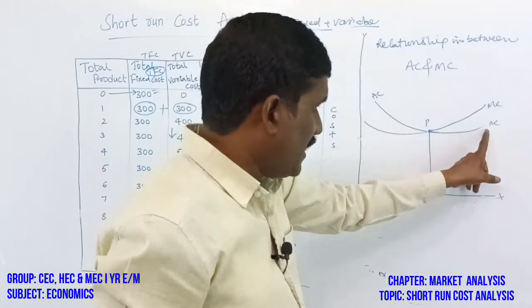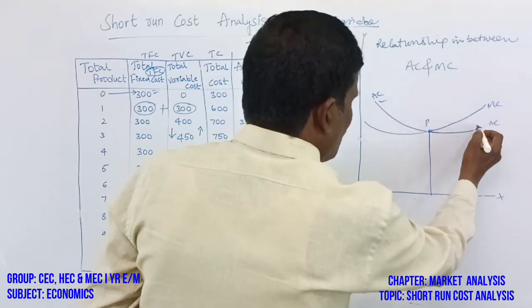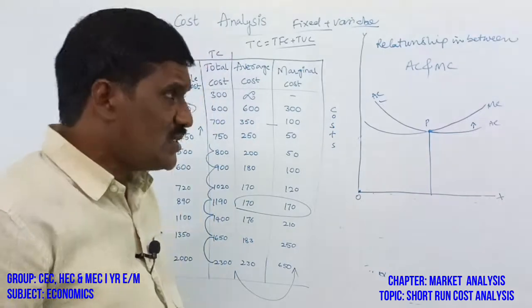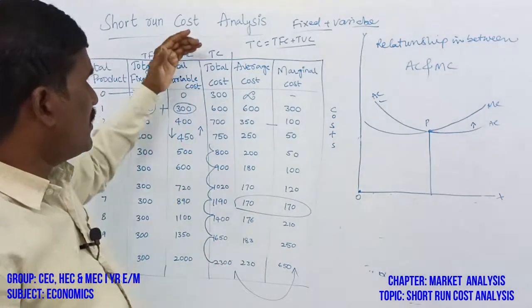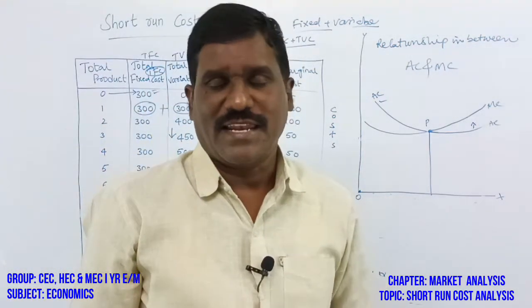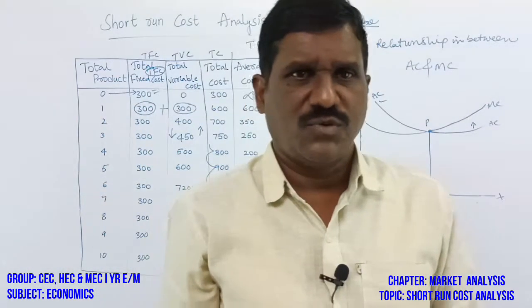Initially AC decreases and after a certain point AC increases. So this is the relationship of AC and MC. Okay, so these are all the short-term cost analysis. Okay, students, so this is the way of the presentation. Okay, thank you.